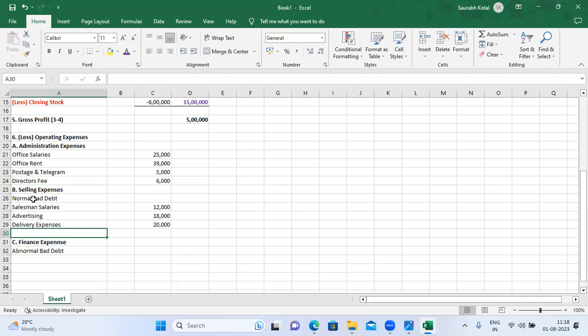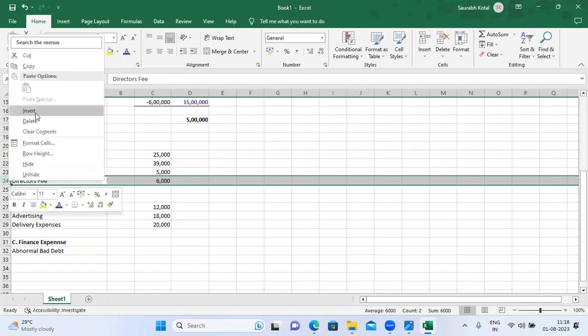Now depreciation on office furniture is 10,000. So there is no space. It may look like that, but I can create space.